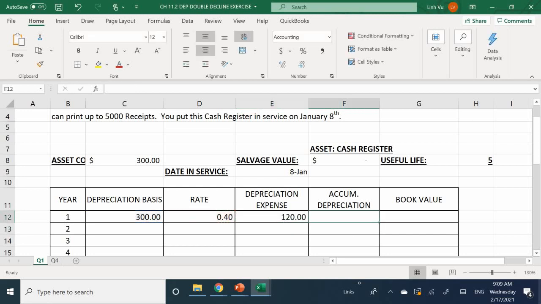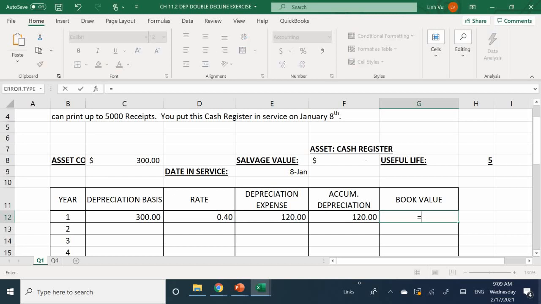That makes my accumulated depreciation 120. And then lastly, what is going to be my new book value? 180.